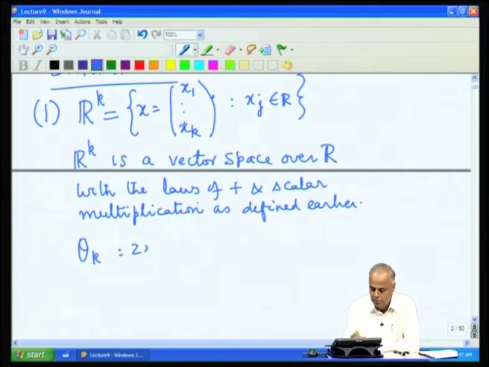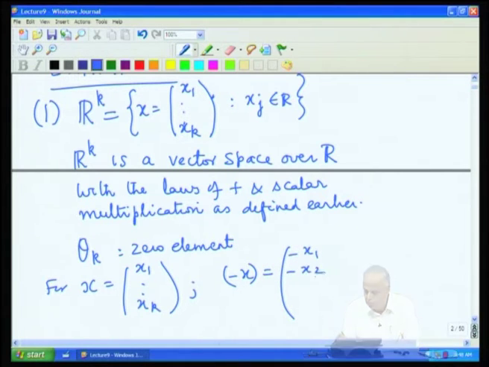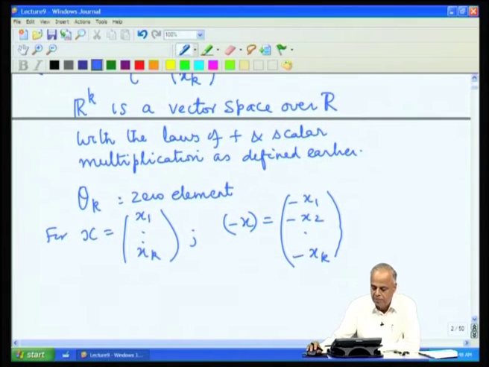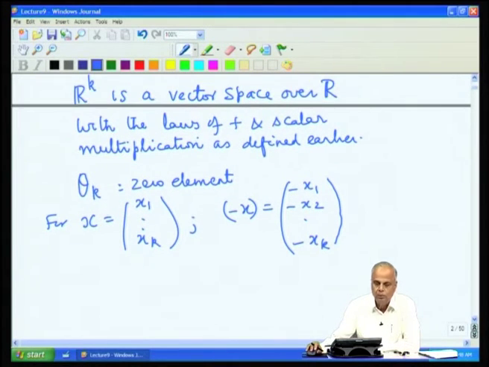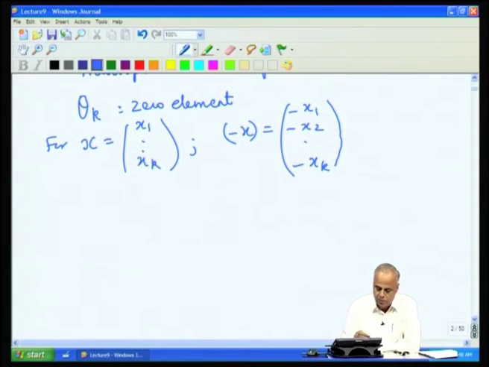It is the 0 vector or the 0 matrix, and for x equal to x1, x2, xk, the negative minus x is just minus x1, minus x2 etc. This we have seen already. These were the properties of R k which motivated us to give the abstract definition of a vector space. So, this is the first fundamental example of a vector space.